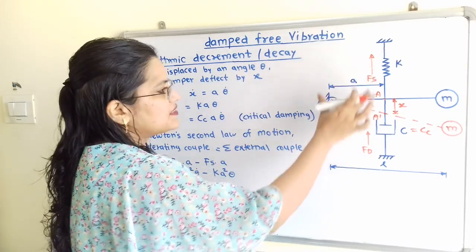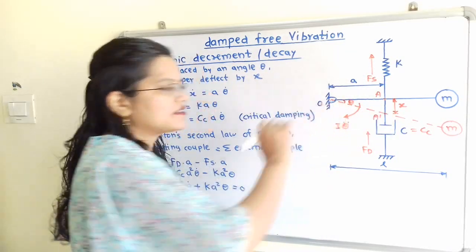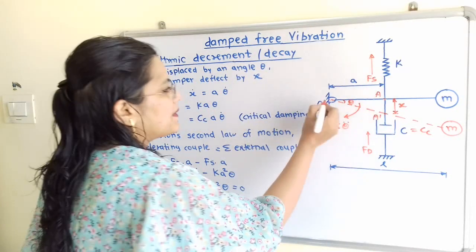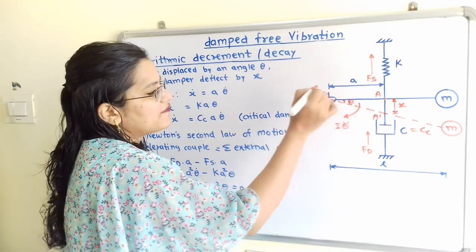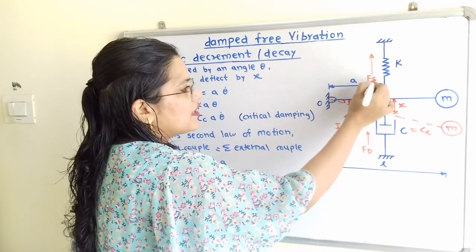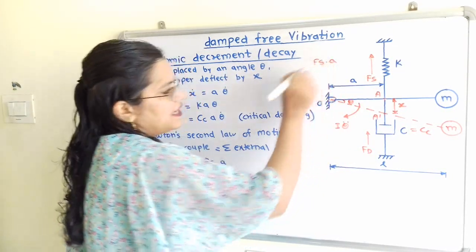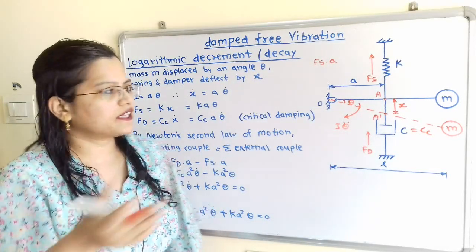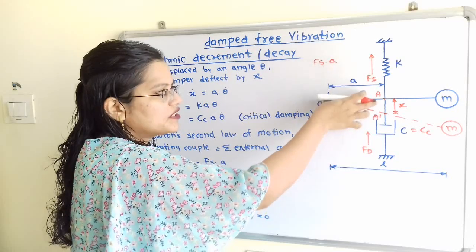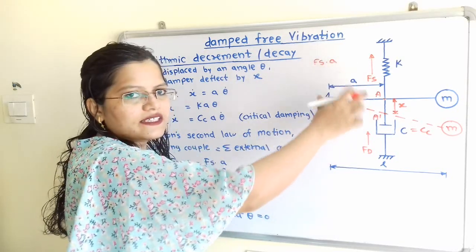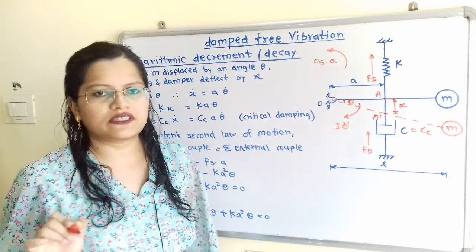If we observe this Fs, we have to take this force multiplied by the perpendicular distance from this point O. So perpendicular distance from the point O is A. So how we can find out the couple? Couple due to Fs is Fs into A. So I will write here. And what is its direction? If I move the compass in the direction of Fs about this point O, then it is in the anti-clockwise direction. So this is the direction of Fs into A.